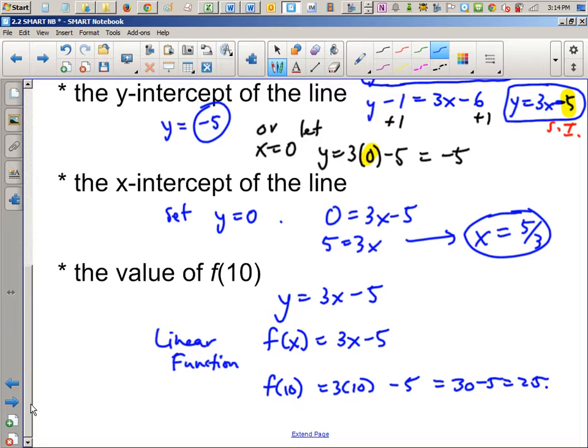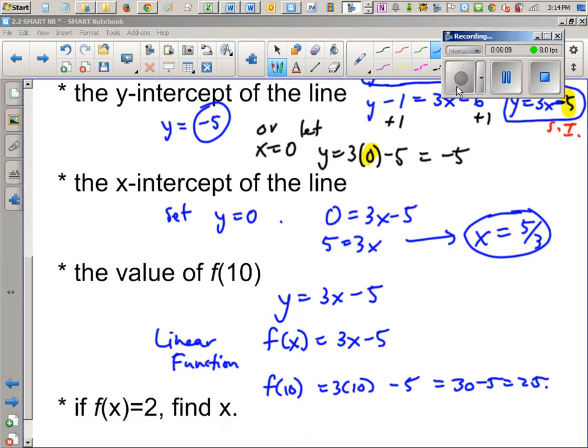Okay, and I'm going to add one more slight question to this one. If f of x is equal to 2, find x. So this is a different question entirely, as you can see. What it's really asking for is, if y is 2, can you find what x is?